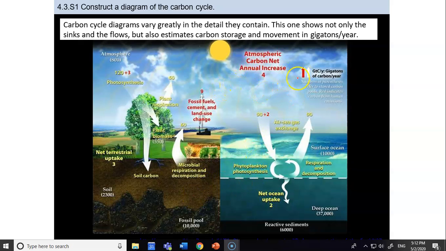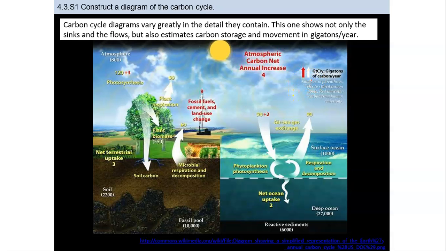There are some numbers over here which look very interesting. First of all, these two arrows. The red arrow shows the human emission. Numbers in parentheses refer to stored carbon pools, and red indicates carbon from human emissions.